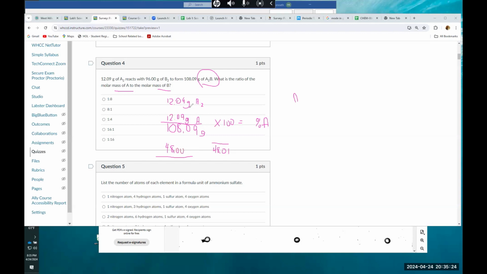Now, in this case, that would be our ratio of what we're having. Our molar mass would be 1/2 of that as well, because right now this is for A2, percent A2 to A. So we basically have 12 divided by 48?